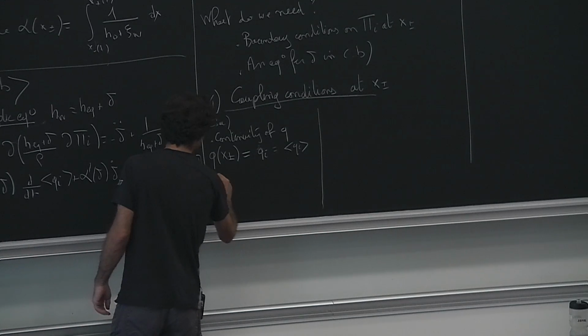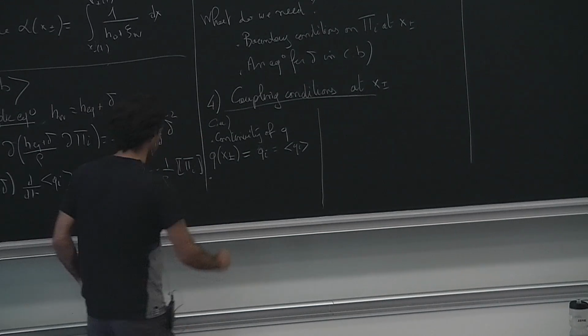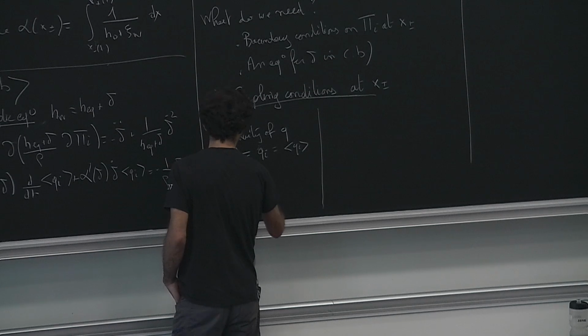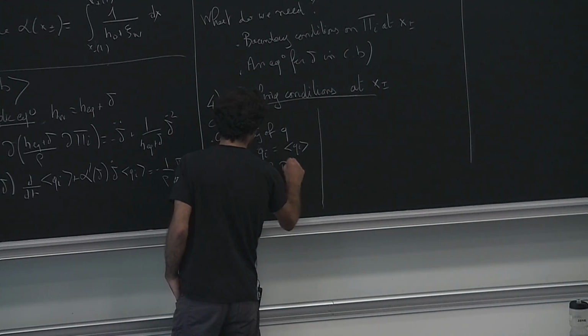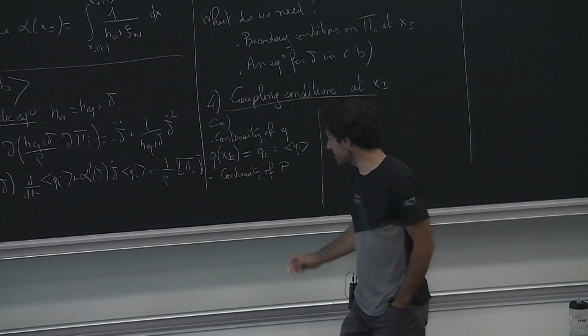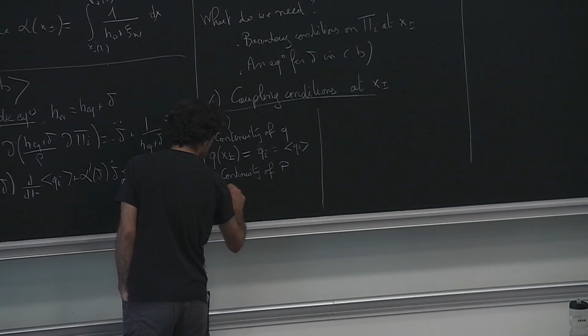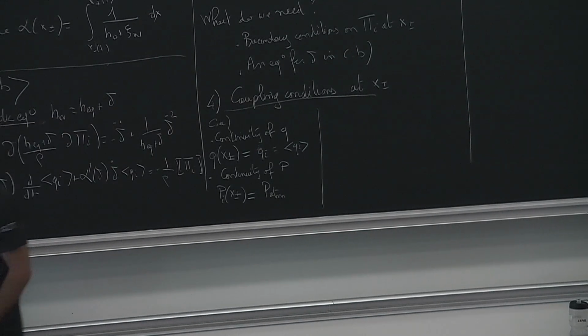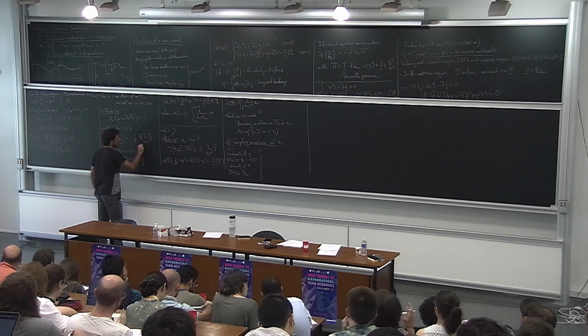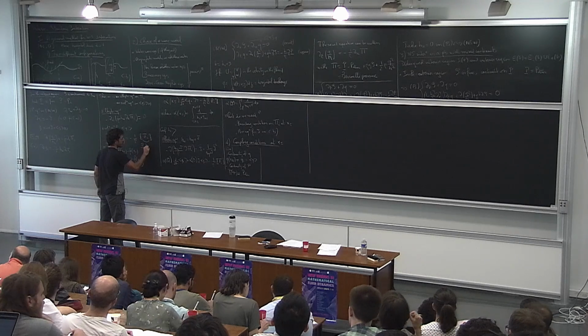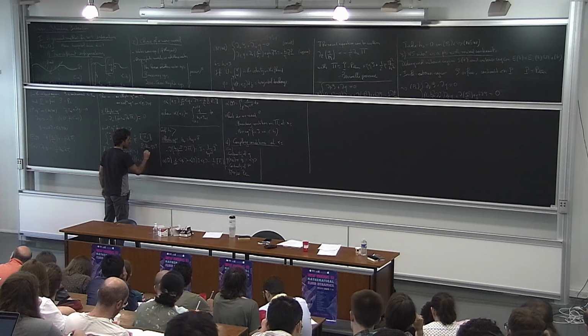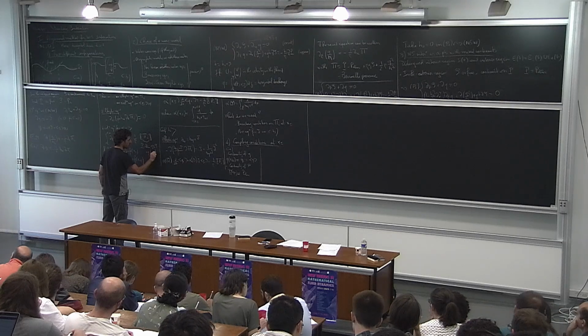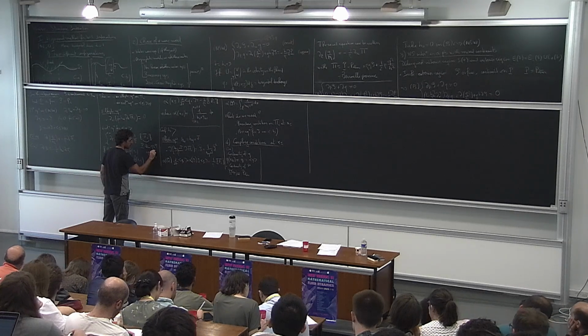Okay? Then you have continuity of P. So this tells you that P at x plus minus, Pi, is equal to the atmospheric pressure. I remind you that Pi is P minus P atmospheric plus zeta plus rho one half Q squared over H squared.